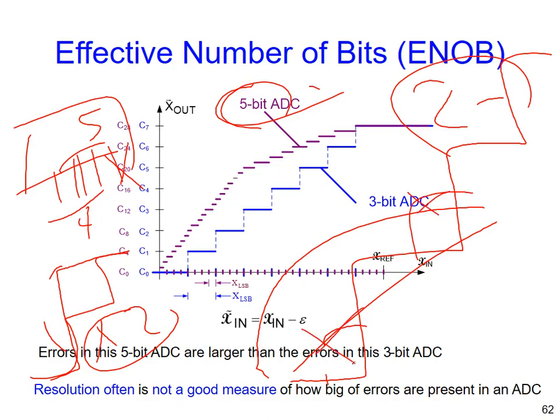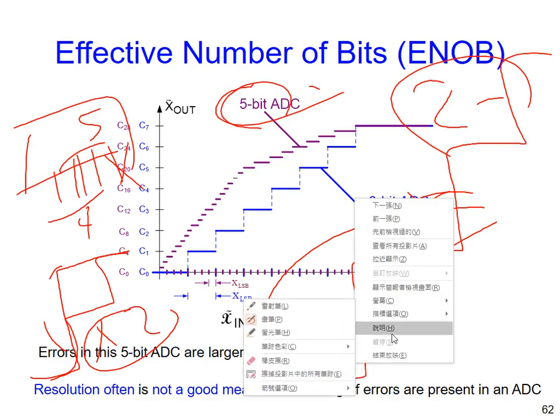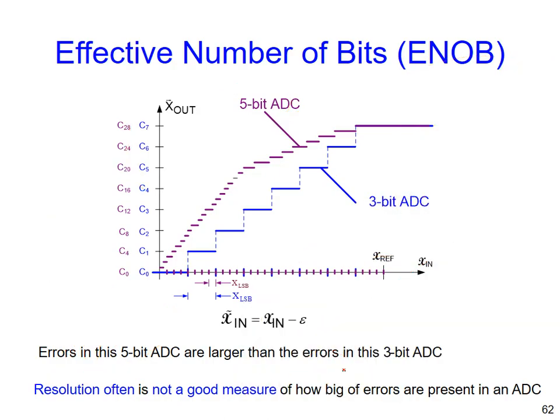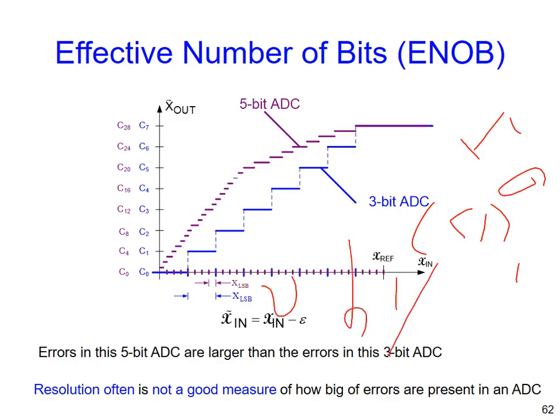Since I enlarge my LSB by 2, after measurement, the INL is reduced by 50%, right? Got it? Because the staircase becomes larger. That's it. So the INL is reduced by 2.